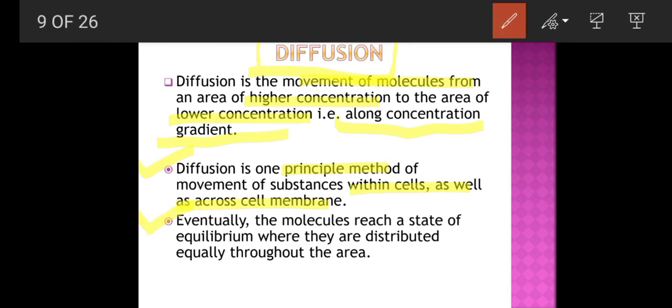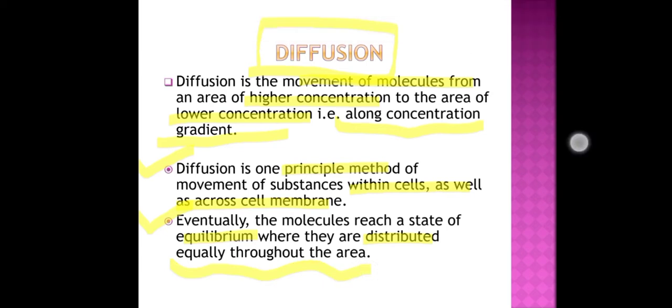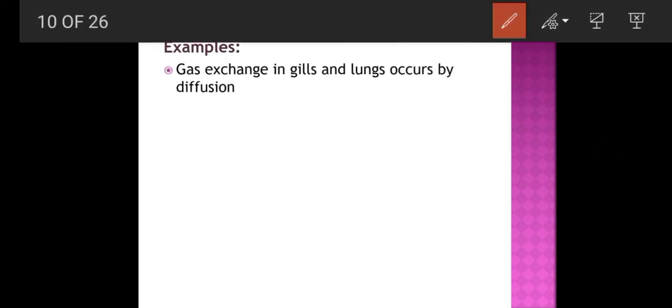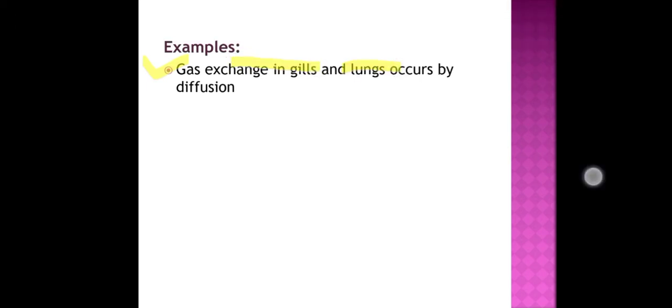As a result, the molecules reach a state of equilibrium where they are distributed equally throughout the area. Here are some examples of diffusion. Gas exchange in gills and lungs occurs by the process of diffusion.